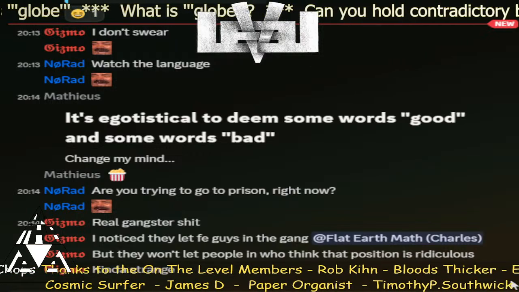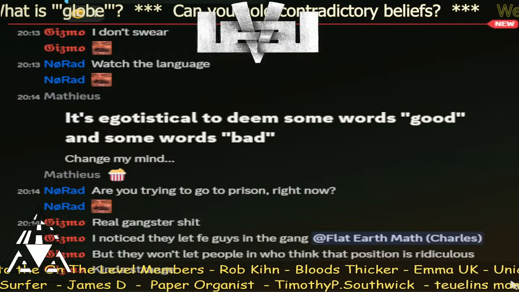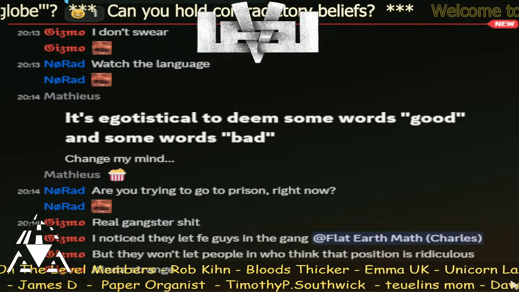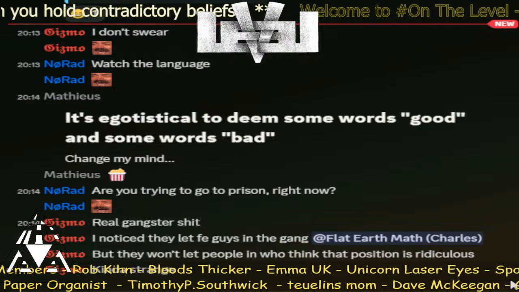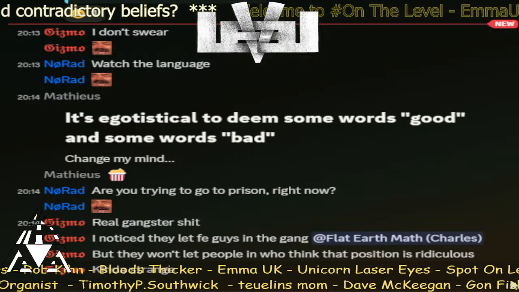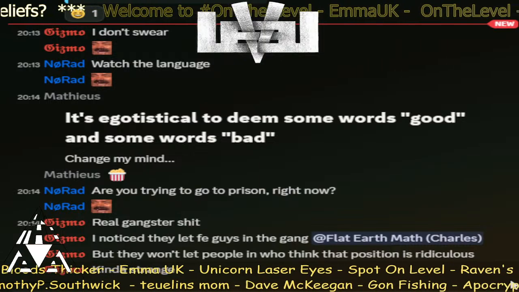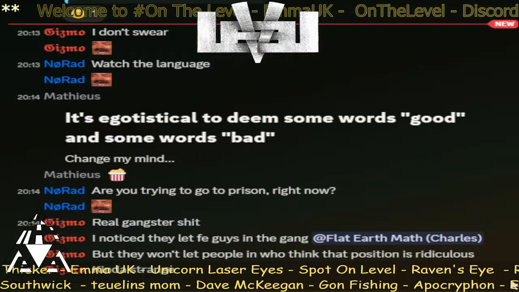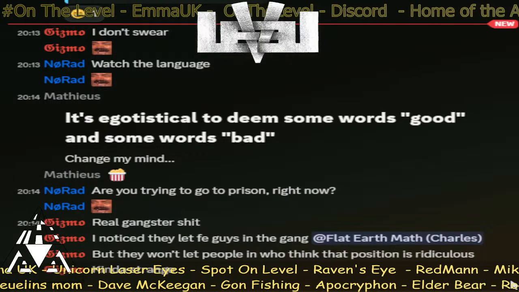So what we're trying to do is push forward with the globe proof. Obviously, right? It's reality, isn't it? And my definition of the globe is that it is non-geometric.